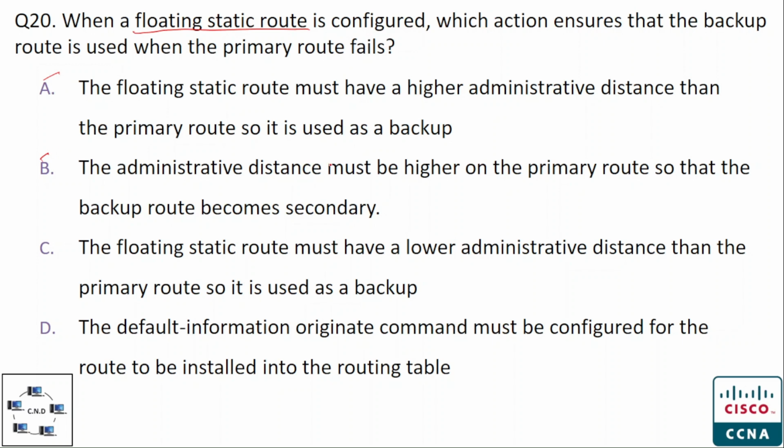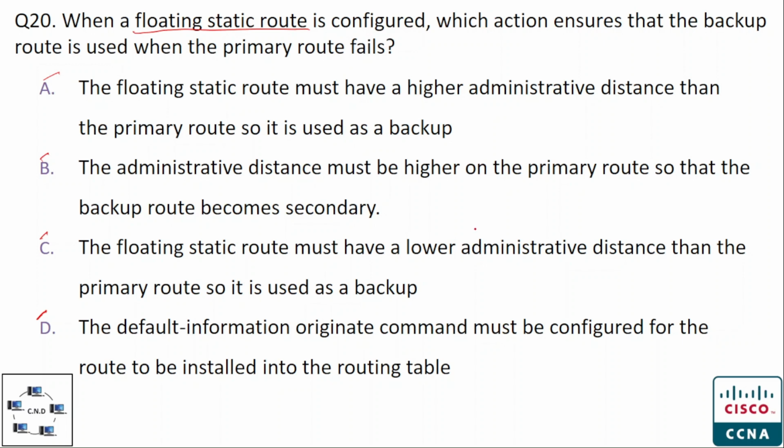Option B, the administrative distance must be higher on the primary route so that the backup route becomes secondary. Option C, the floating static route must have a lower administrative distance than the primary route, so it is used as a backup.